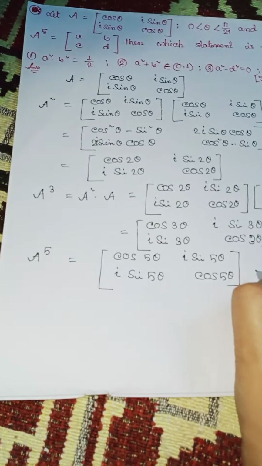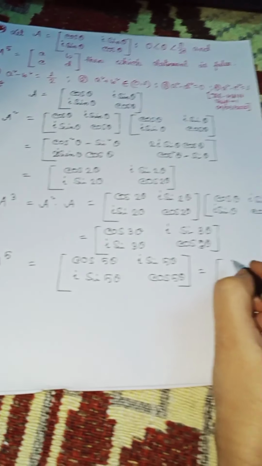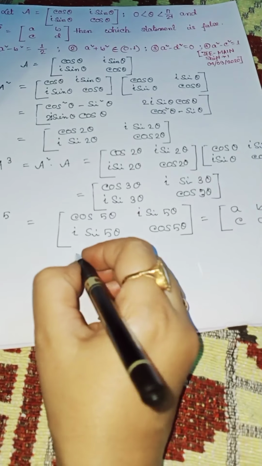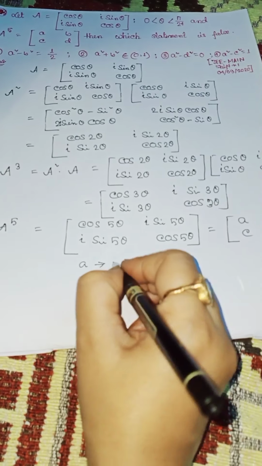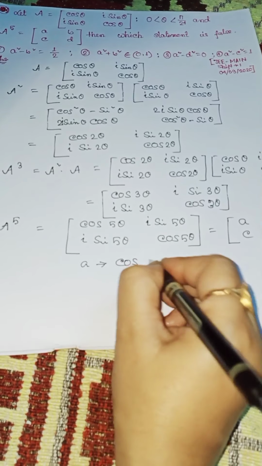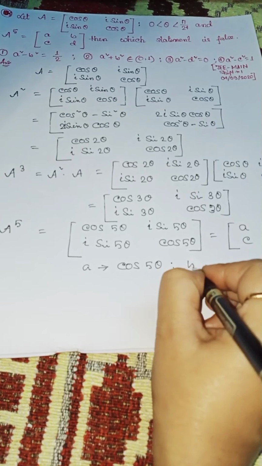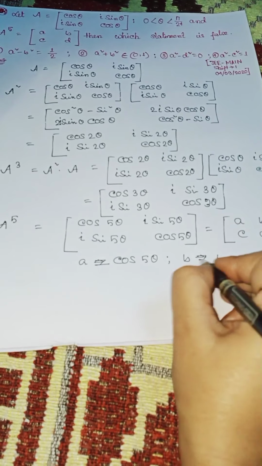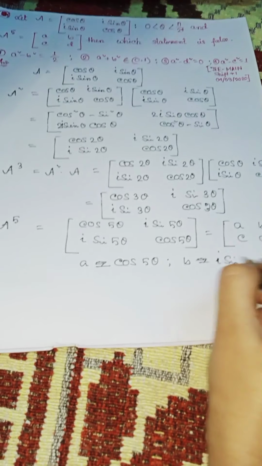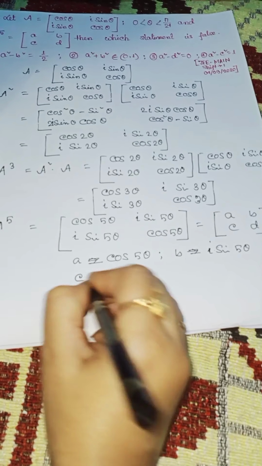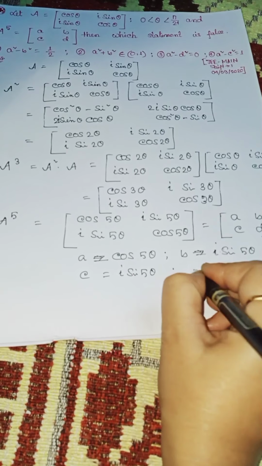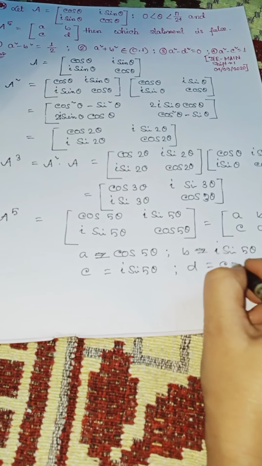So a is equal to cos 5 theta, b is equal to i sin 5 theta, c is equal to i sin 5 theta, and d is equal to cos 5 theta.